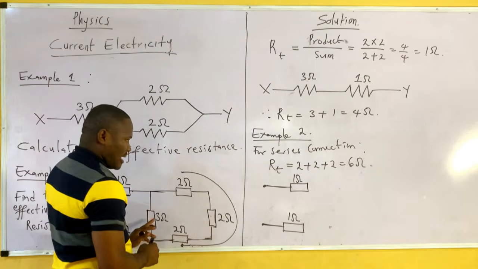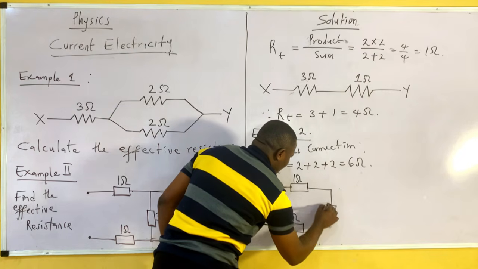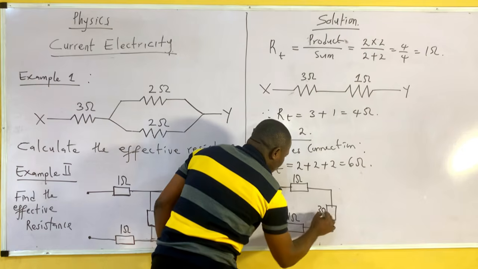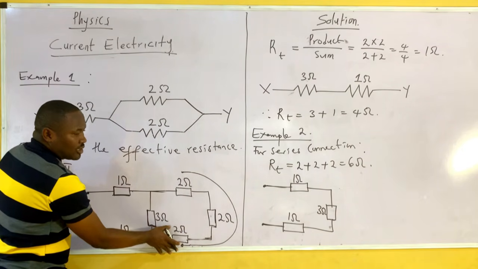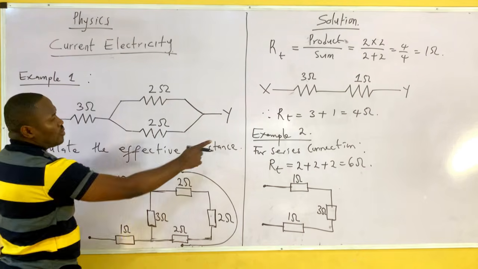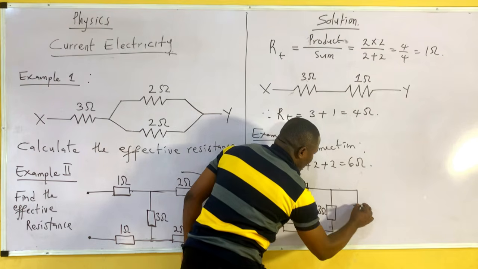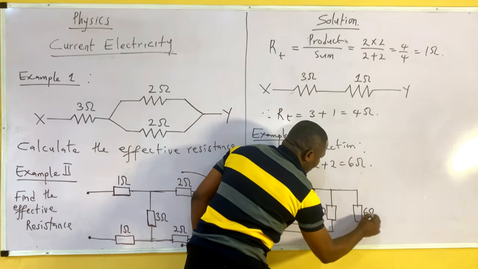Now I have here as 3 ohms. So this would be 3 ohms, 3 ohms. Then I have solved these 3 resistors to now become 6. So I'll do this part, and here is my 6 ohms.